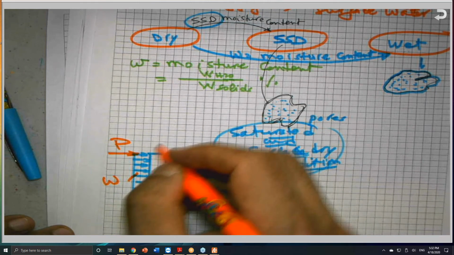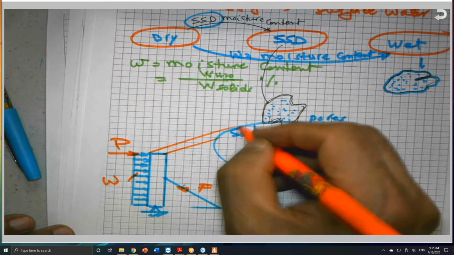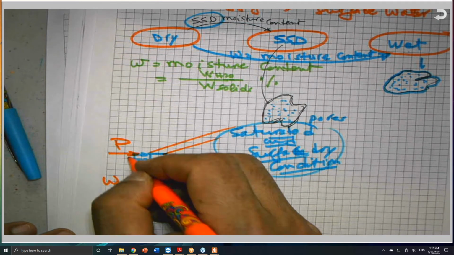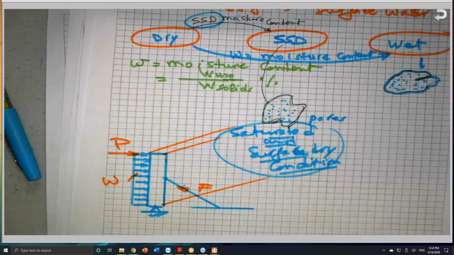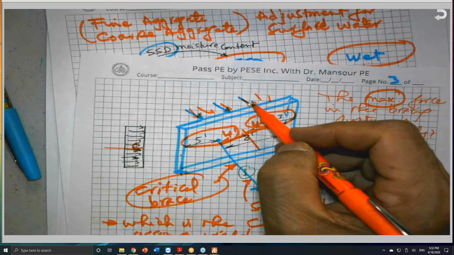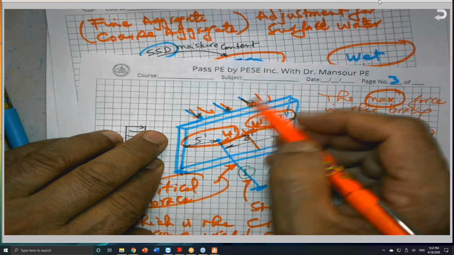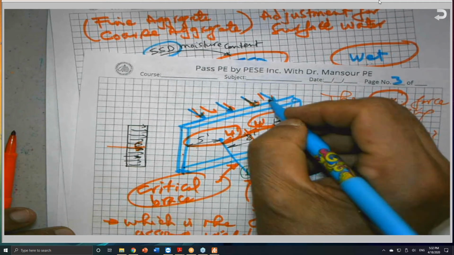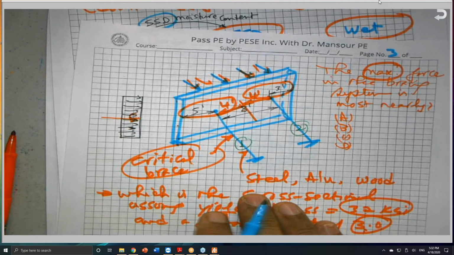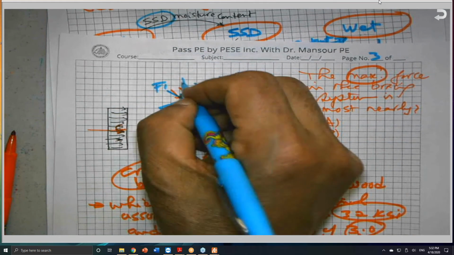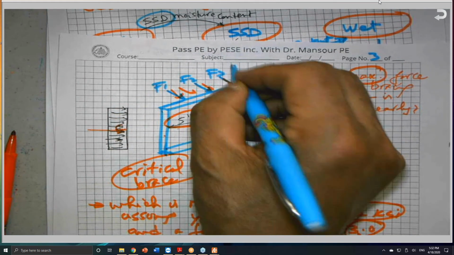And if this is the, I don't know how many of them along the entire length, it is two loads, and where they are located, these two loads, or three loads, or four loads, I really don't know. If this is F1, F2, F3, F4.